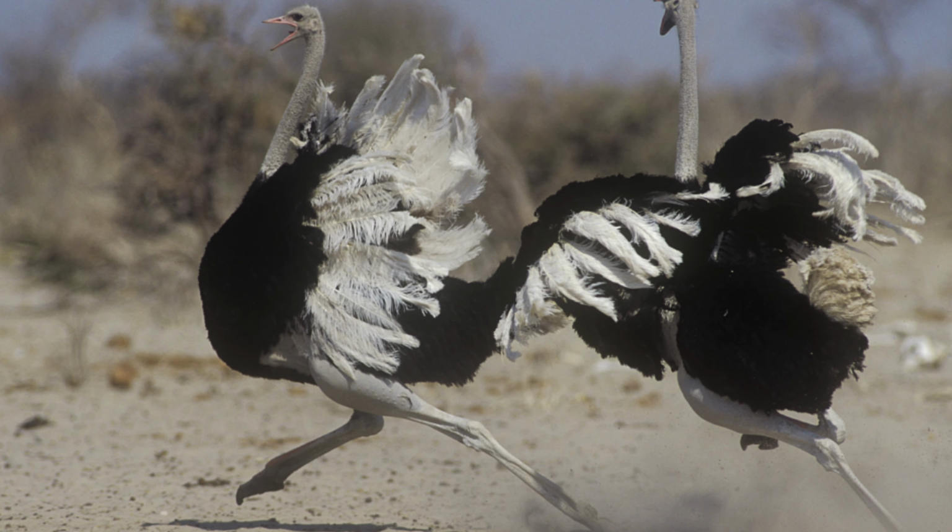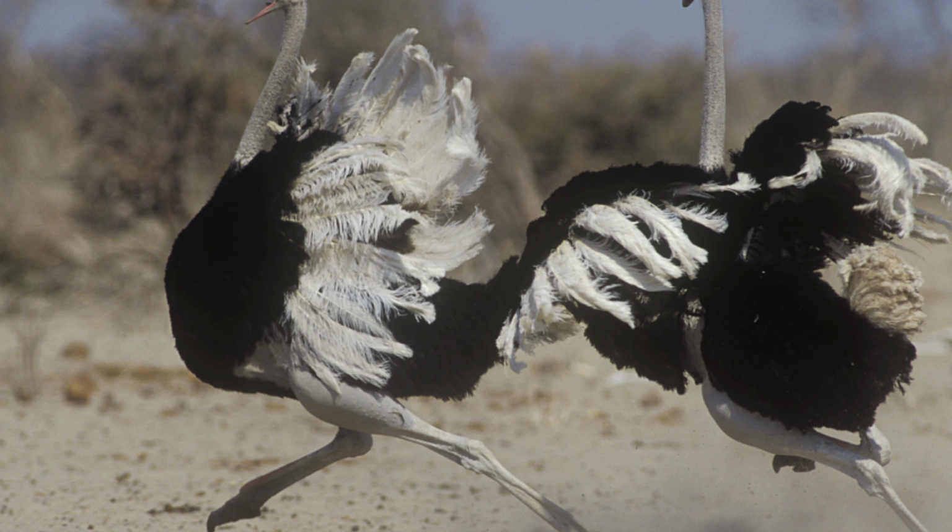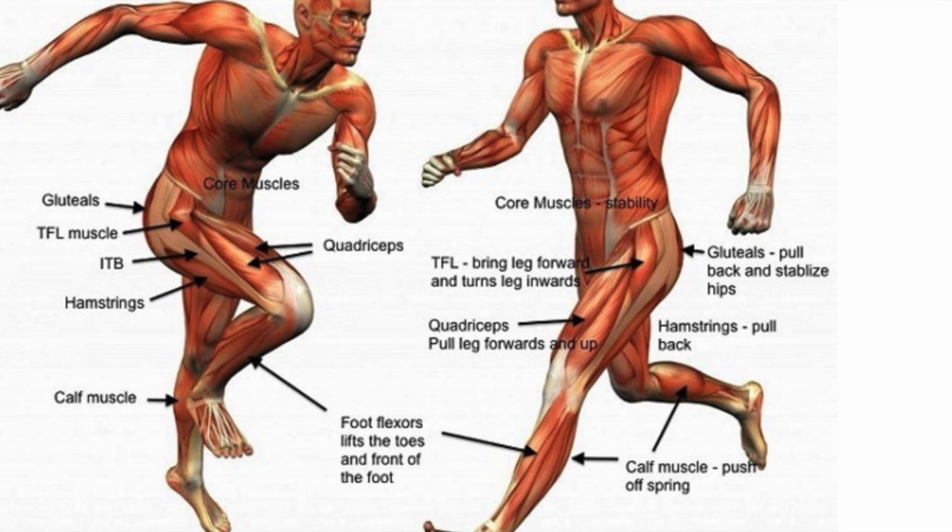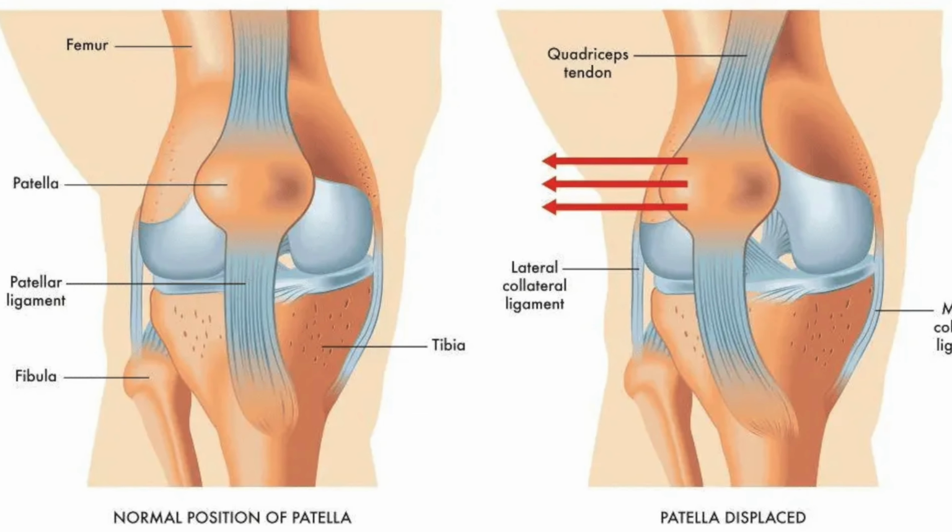Runner's knee can have several underlying causes, including overuse, so logging too many miles too quickly without proper recovery. That could also include increasing intensity or changing surface too soon. Weak hip or quad muscles, as these muscles stabilise the knee, and if they're weak, your kneecap might not track correctly.